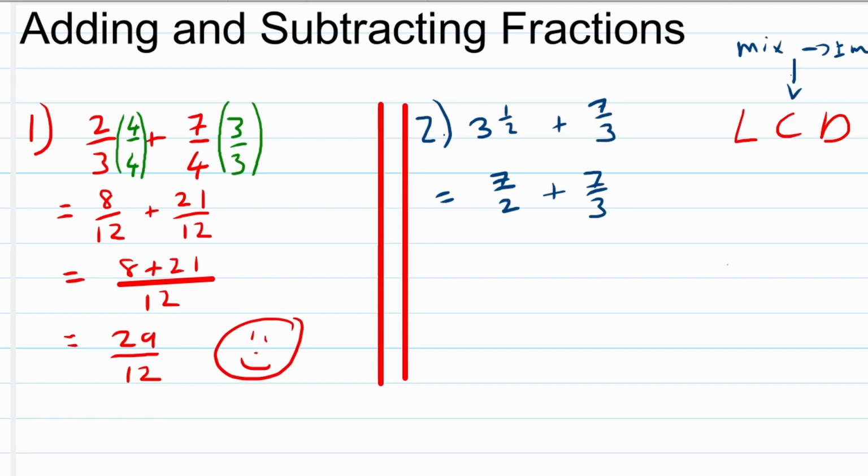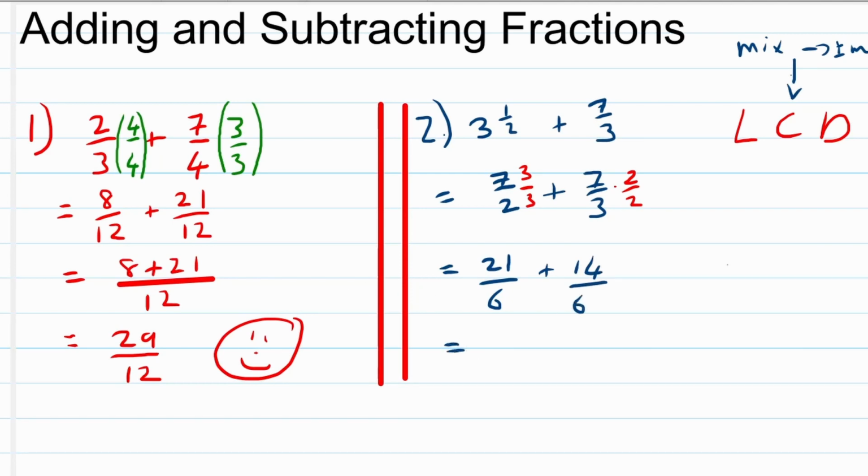Now we are going to multiply to get to the lowest common denominator, which in this case will be 6. So 7 over 2 times 3 over 3 and 7 over 3 times 2 over 2. This will make it 21 over 6 plus 14 over 6.